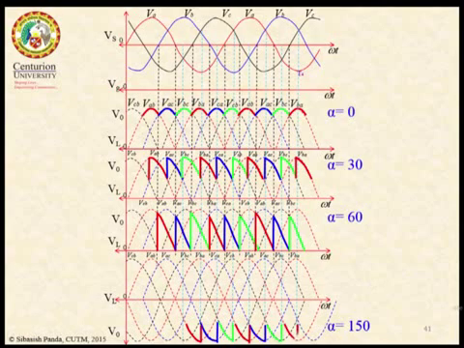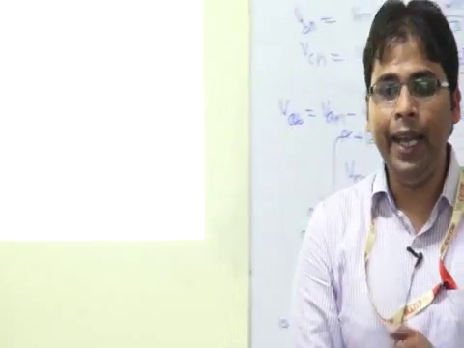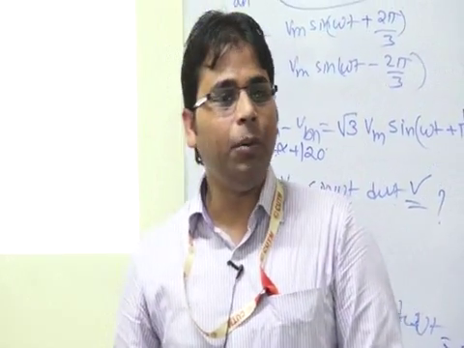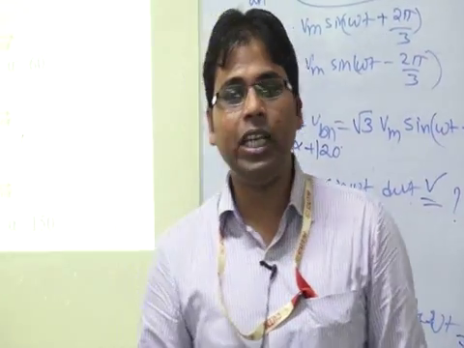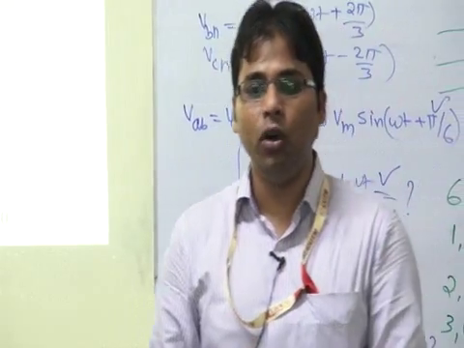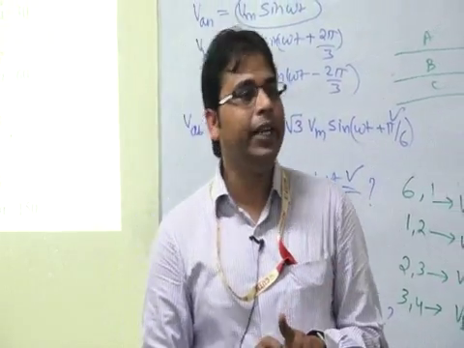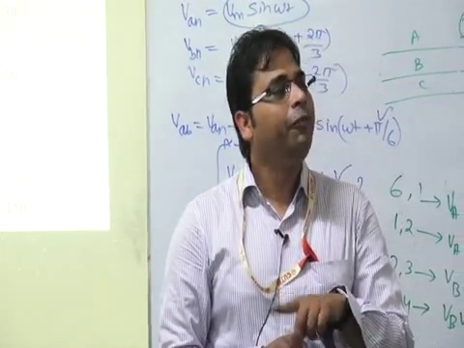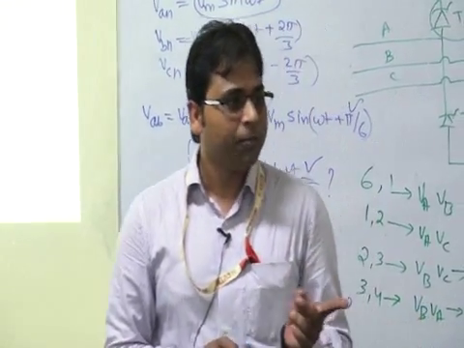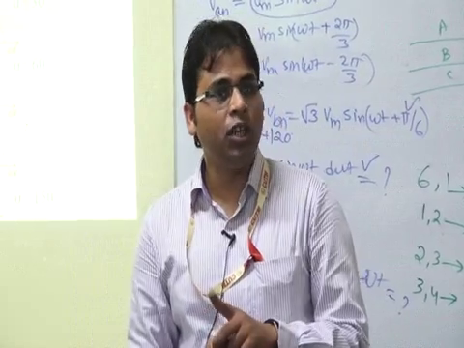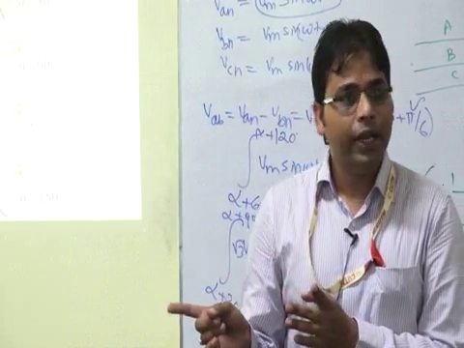The average output voltage is negative when alpha is beyond 90 degree. Now the rectifier is operating in which mode? Inverting mode, and the power is fed back to the source.